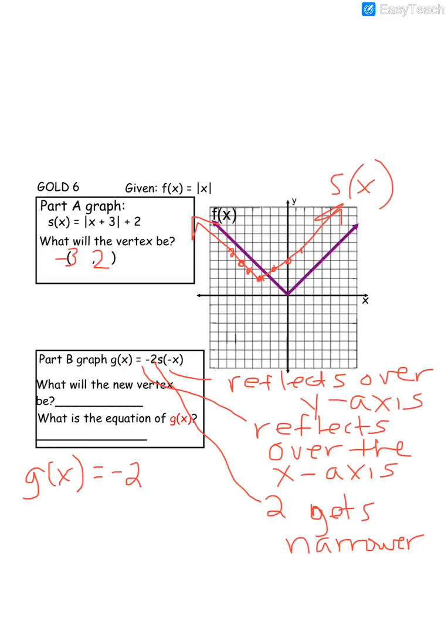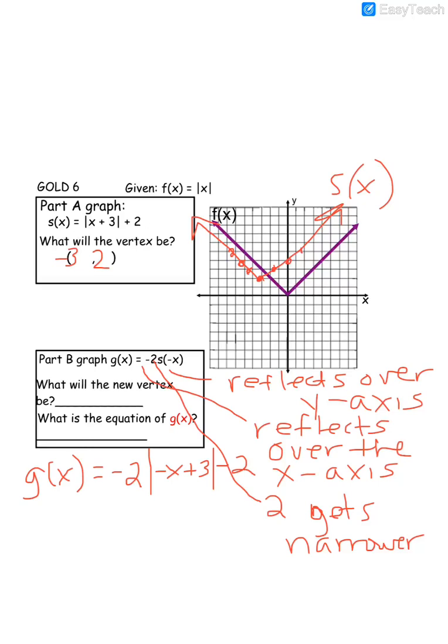Inside the absolute value, I'm going to write -x, and I'm going to write +3 because it's reflecting over that. So it's just the x that changes. But this negative sign on the outside does get distributed to the constant on the right, so it's -2. So that was very challenging to do.